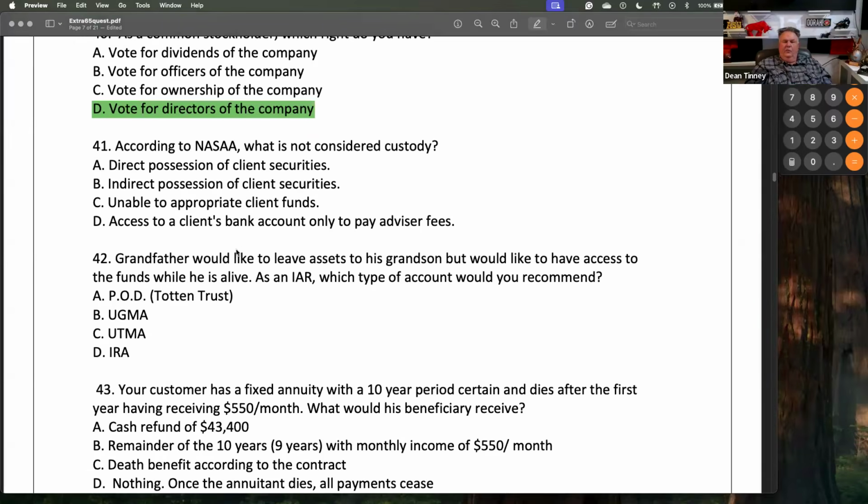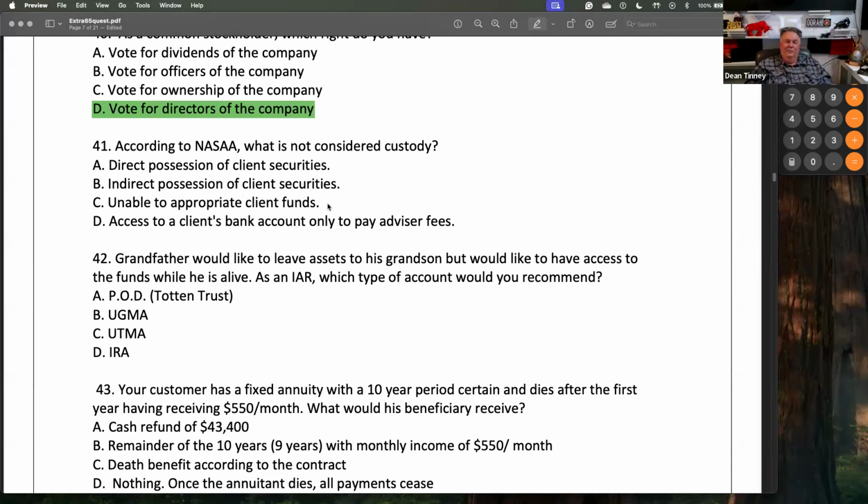According to NASAA, what is not considered custody? What is unable to appropriate client funds? What does that mean?